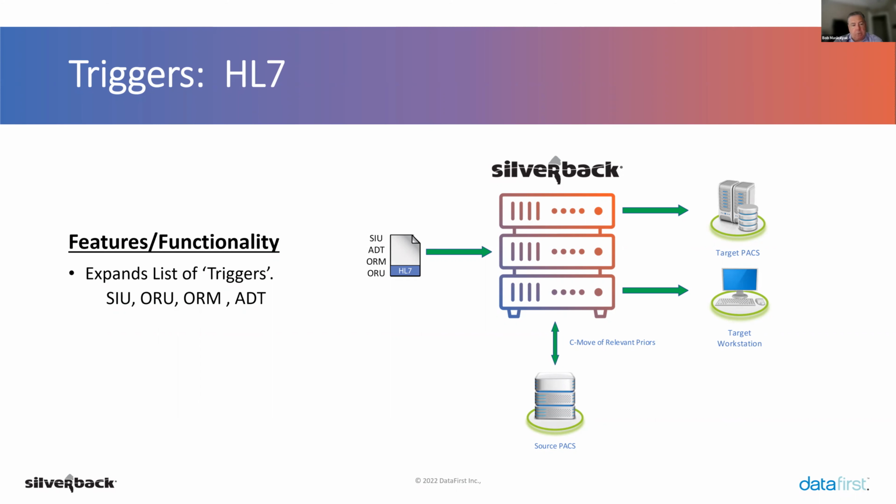What we see is the order is usually one of the first things out. So if we can get that, much like the downstream modalities or PACS system, we can act on that faster. Even better with a scheduled message, it allows us to do some tricky things as far as holding those priors until such time that they're needed.